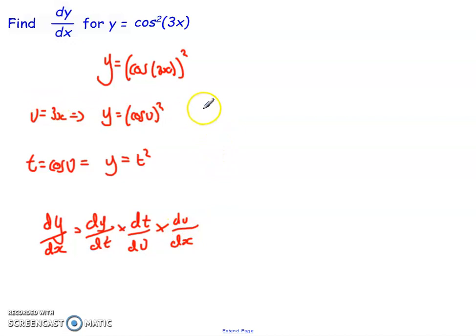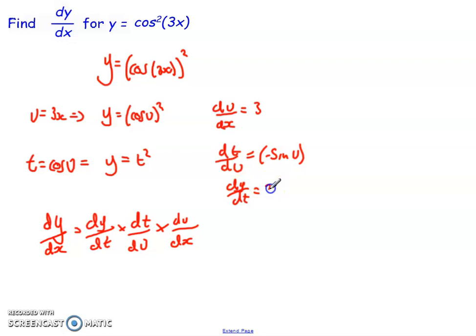So du by dx is going to equal 3. I've got t there in terms of u, so dt by du, if t is cos u, is going to equal negative sine u. And then my last one, dy by dt in this case is equal to 2t.